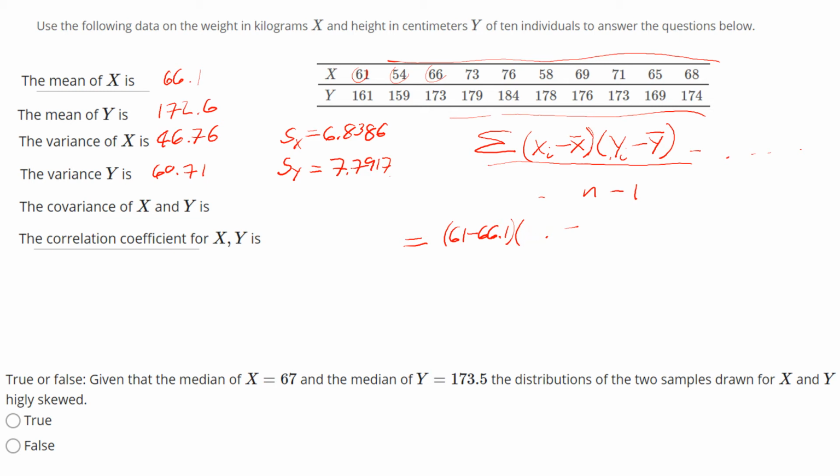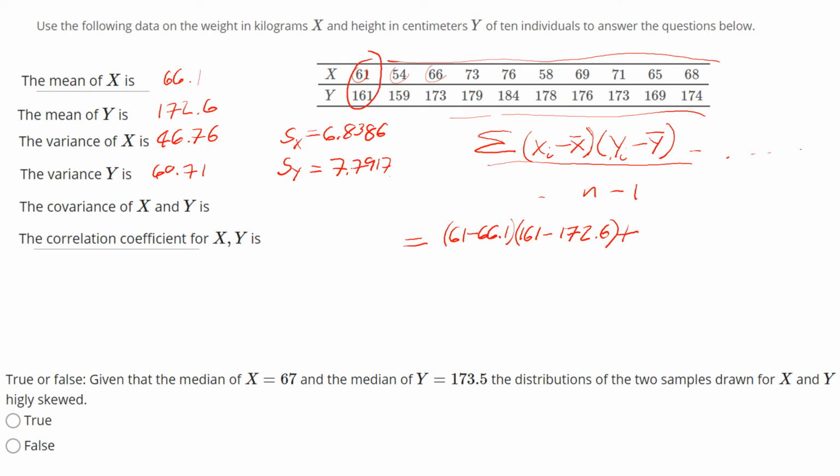First we need the first value of y, 161 minus 172.6. Let's just neaten this up a little bit. Here we go. So that would be the first term in this expression. Then we need to add the next one. So we've done those two values.